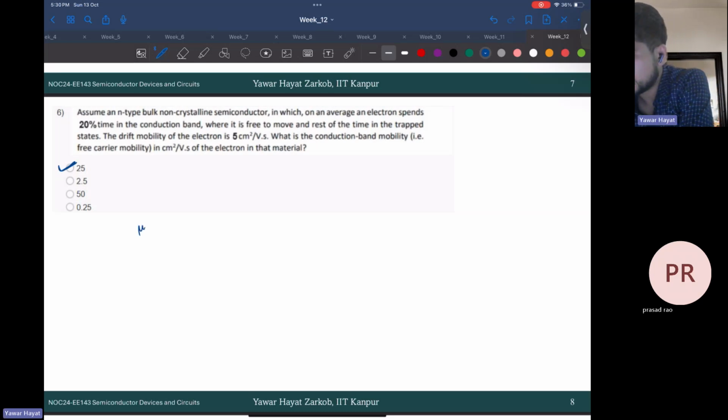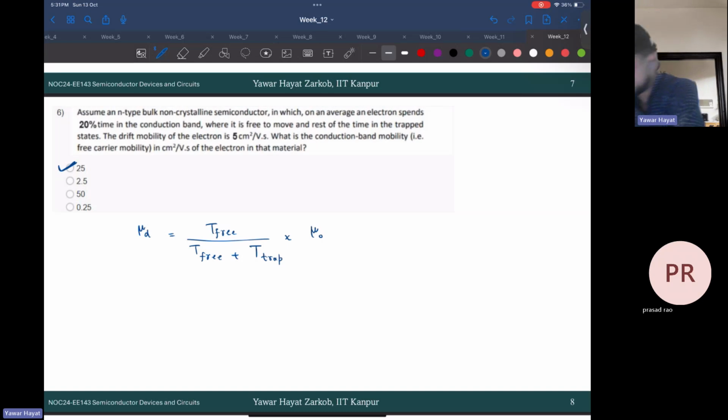So your mu d, which is the drift mobility of electrons, is T free divided by T free plus T trap, times mu naught.